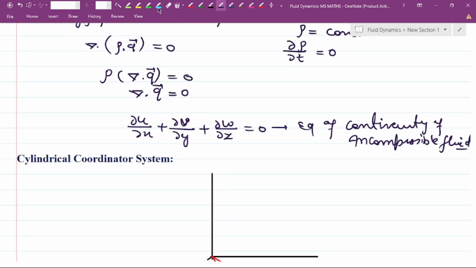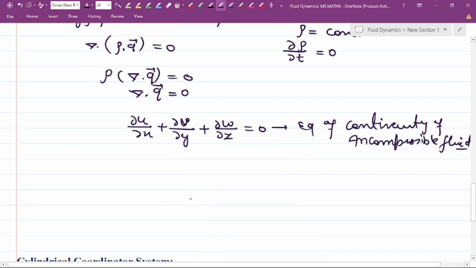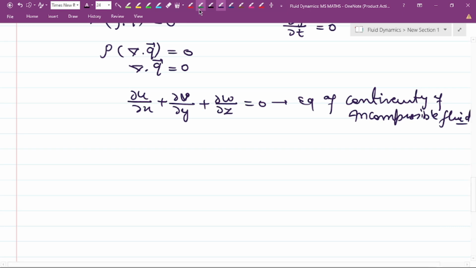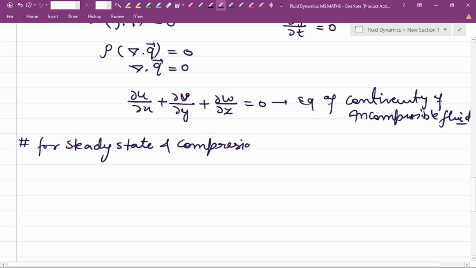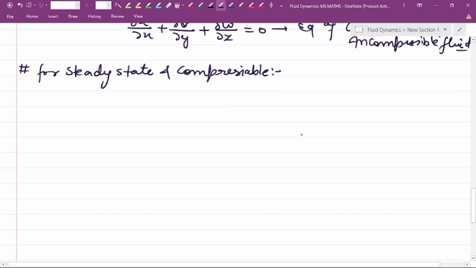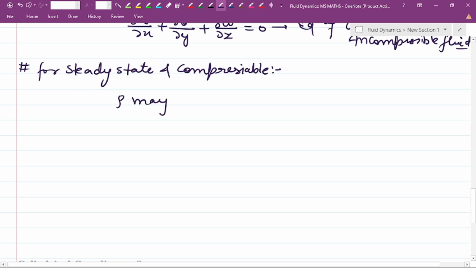Now there is another case we can take, for steady state and compressible fluid. In this case, rho may change with respect to the spatial coordinates, with the space it will change.